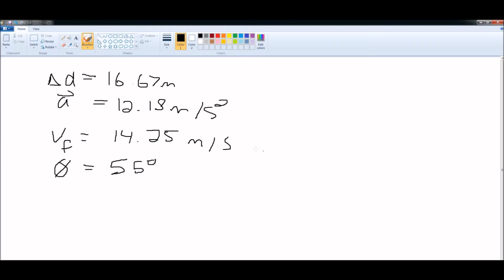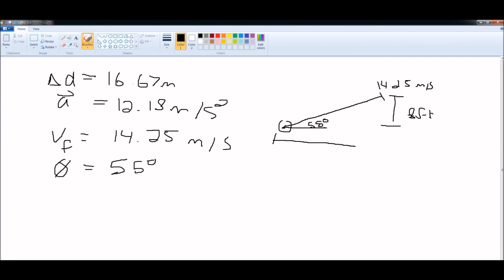So if we compile that, we kick the ball at a 55-degree angle with an acceleration from 0 of 12.18 meters per second squared until it hit the velocity of 14.25 meters per second, and hit the top of an 8-foot goalpost, which is also 2.67 meters.